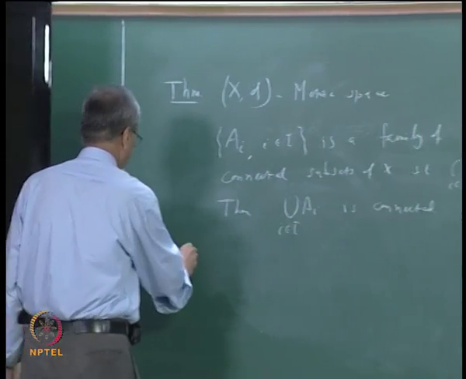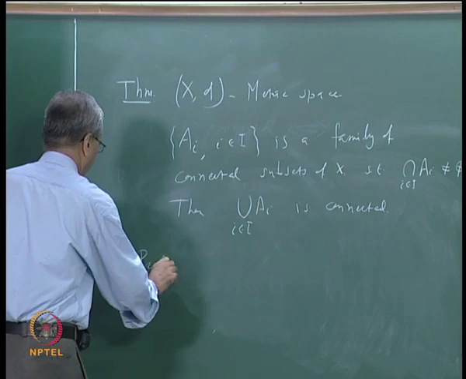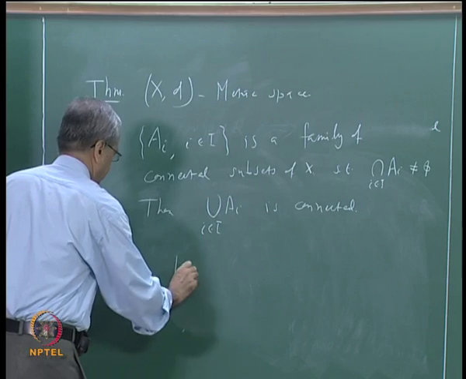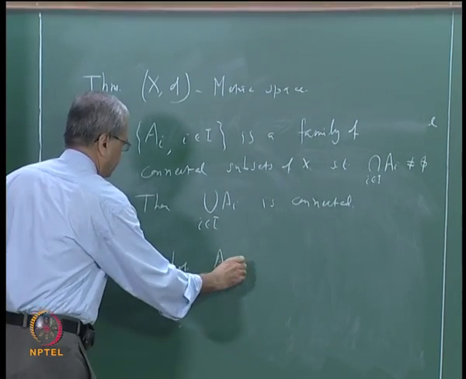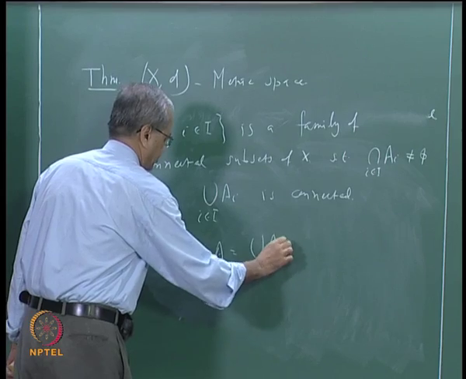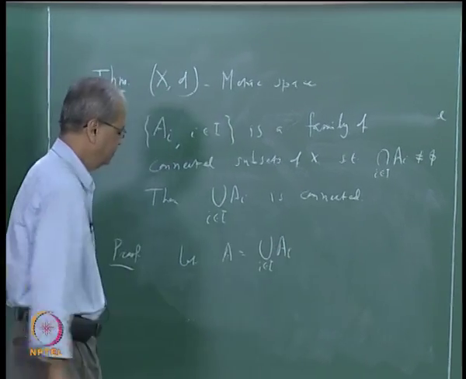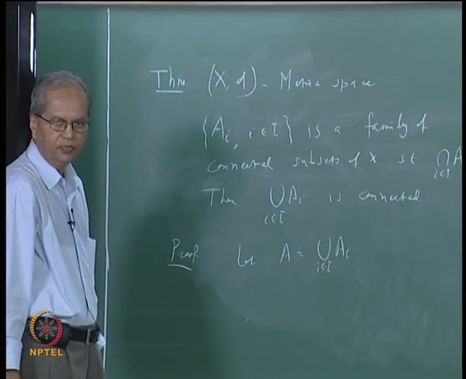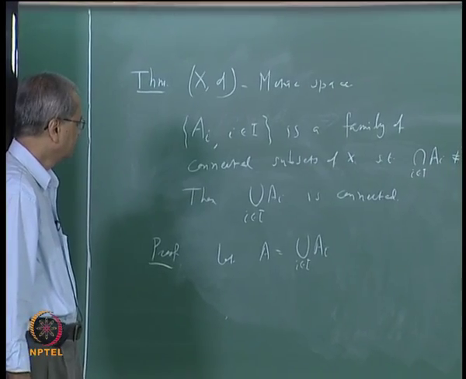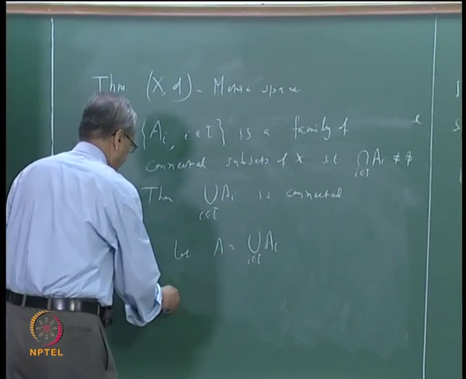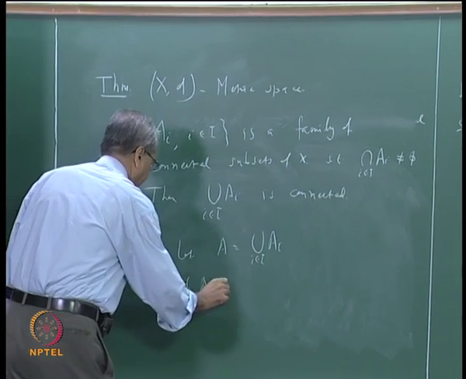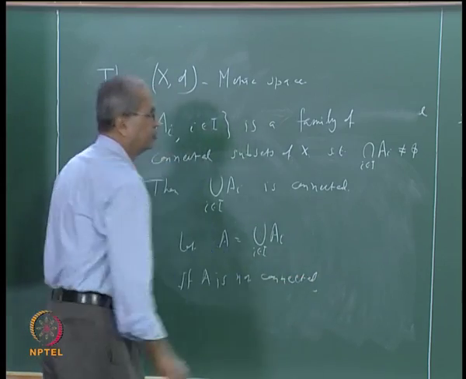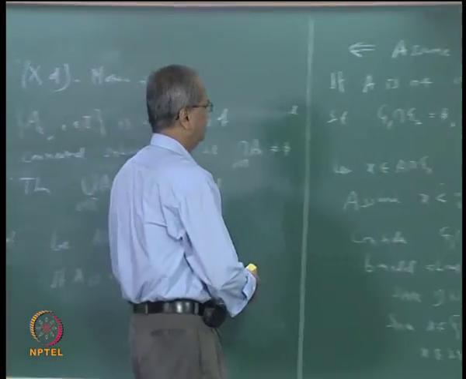Let us look at the proof. Now this is fairly straightforward. Let us give some notation for this union. Let A be equal to the union of A_i, i belonging to I. We shall just see what happens if A is not connected, and then get some contradiction.